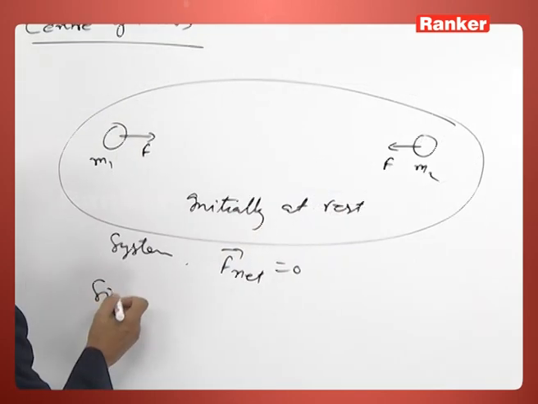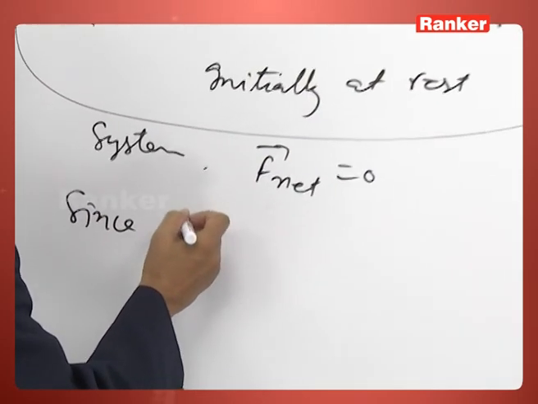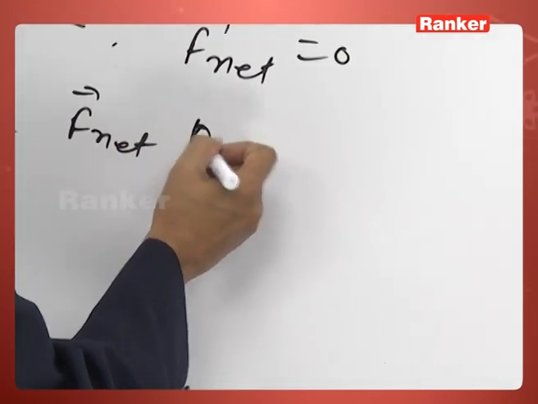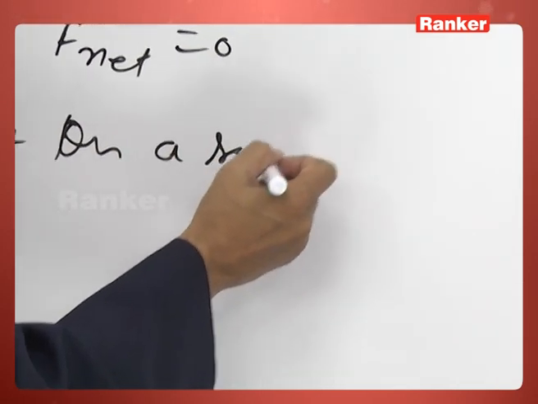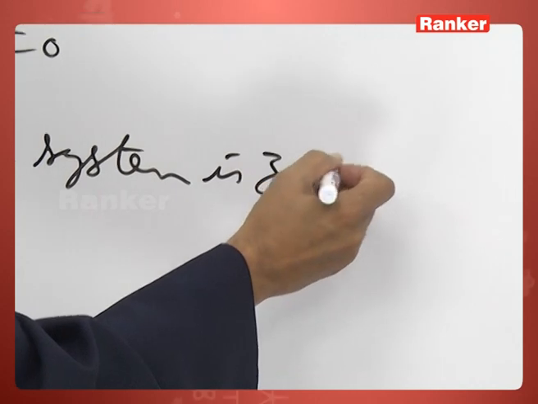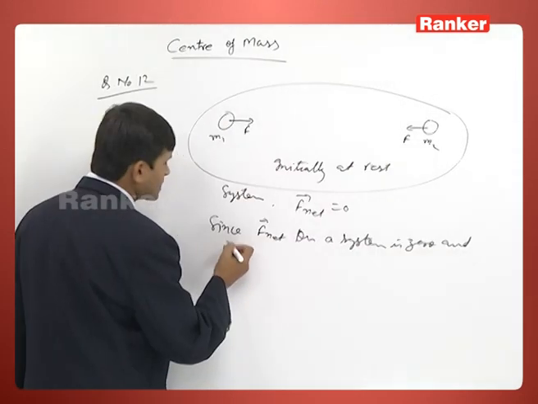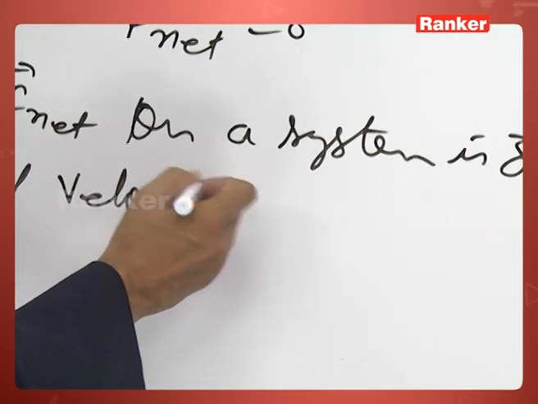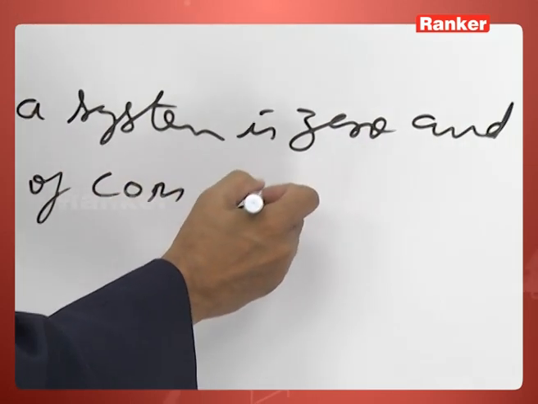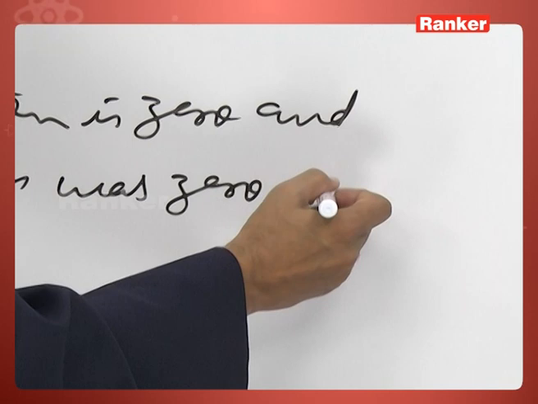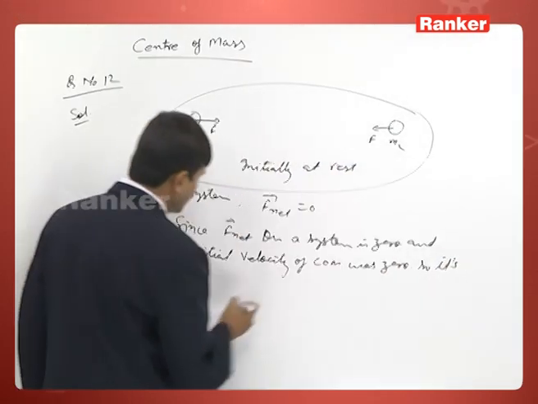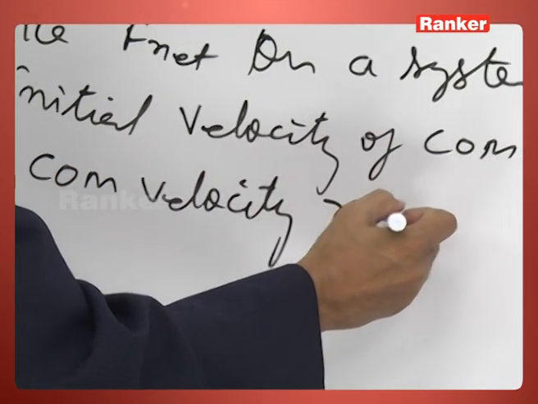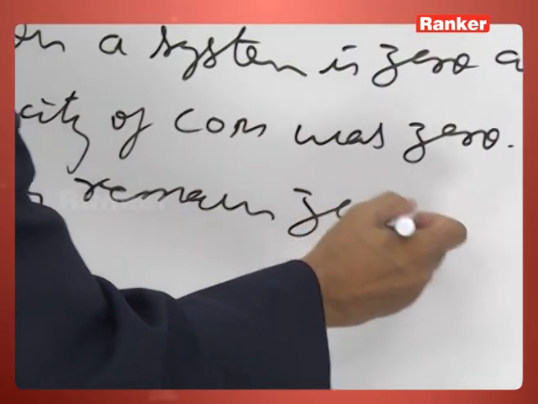So we can write here, since F net on the system is 0 and the initial velocity of the center of mass of the system was 0, its center of mass velocity remains 0.